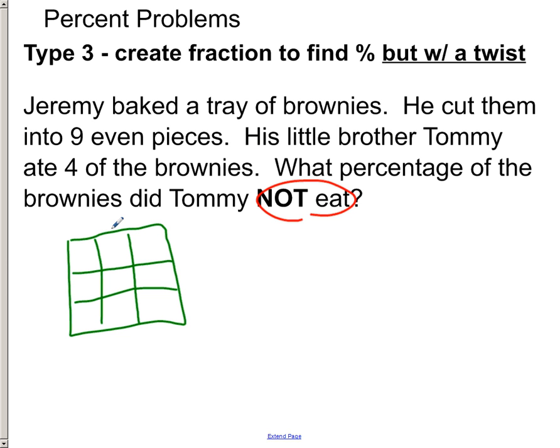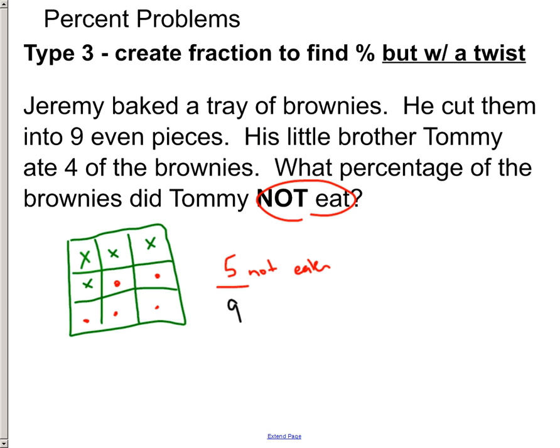Well, if Tommy came in and he ate 4 of the brownies, then let's count up the red dots for the not eaten. That means there's 5 of them sitting there.